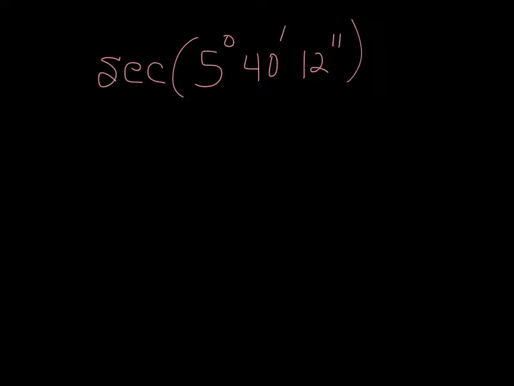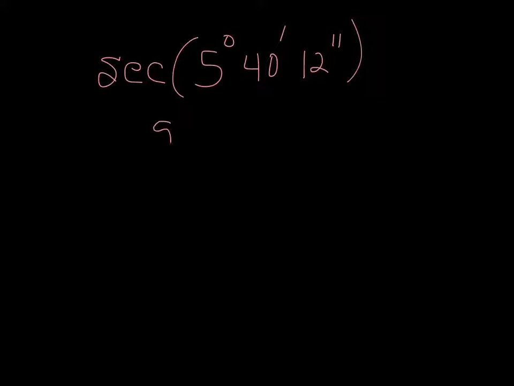If we wanted to find the secant of 5 degrees, 40 minutes, and 12 seconds, we want to change it to decimal form. To do that in your calculator, because this was in degrees, be sure your mode is degrees.